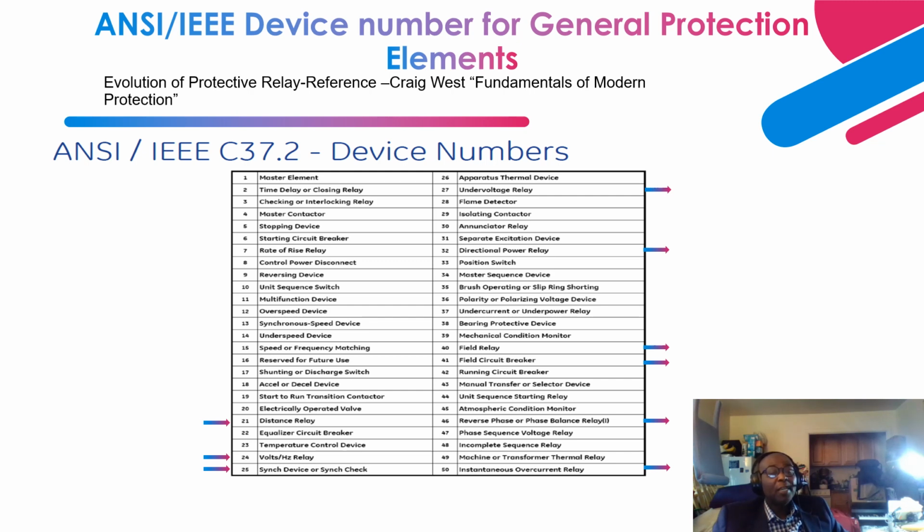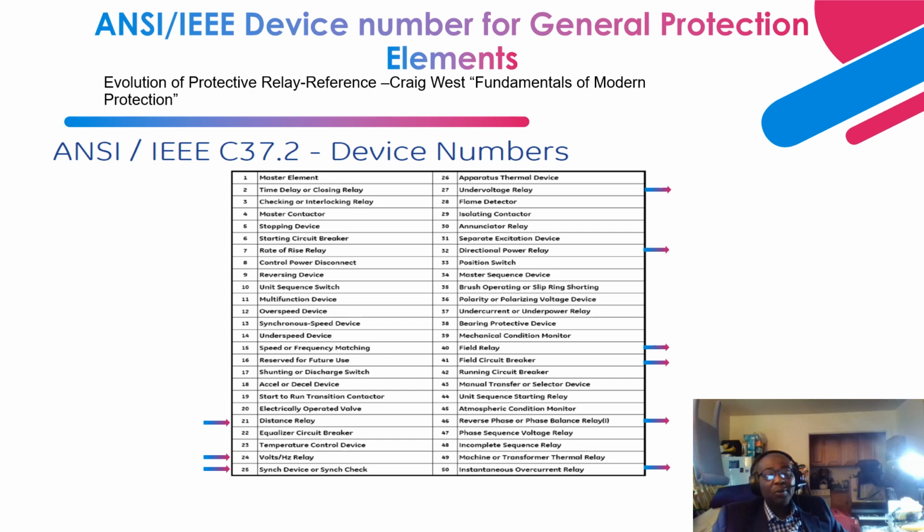So if both the voltage and the phase angle come within a certain criteria, then we close the unit breaker. So this is how we utilize this relay to close the unit breaker and integrate the generator to the AC grid. Next is under voltage elements, and that's device 27.